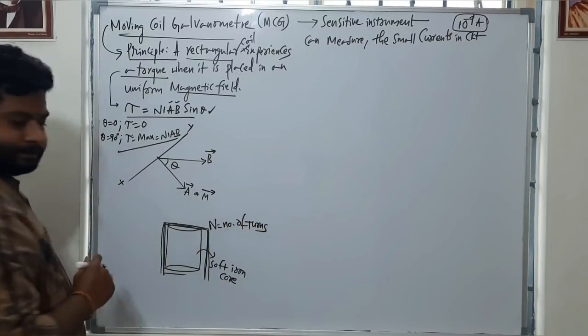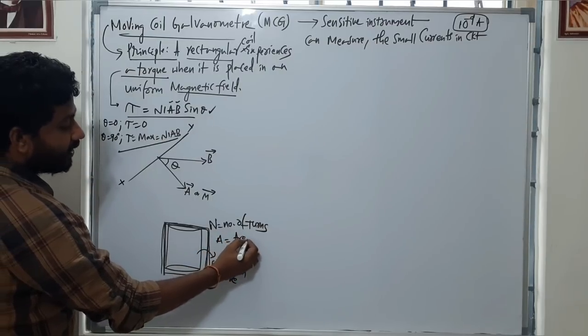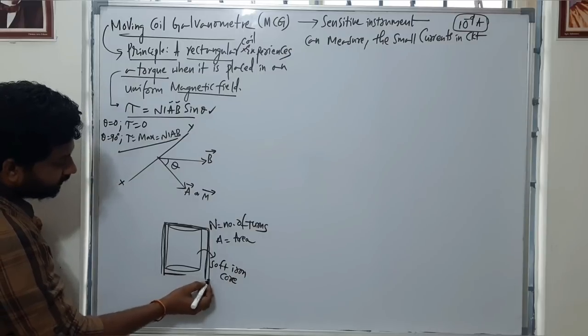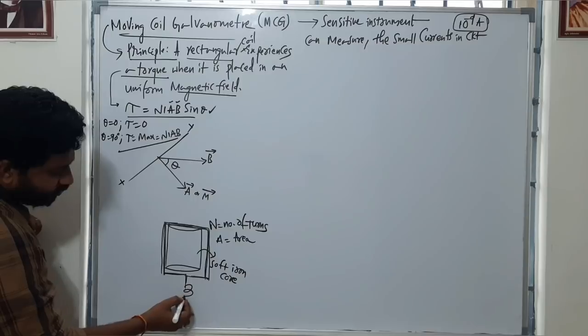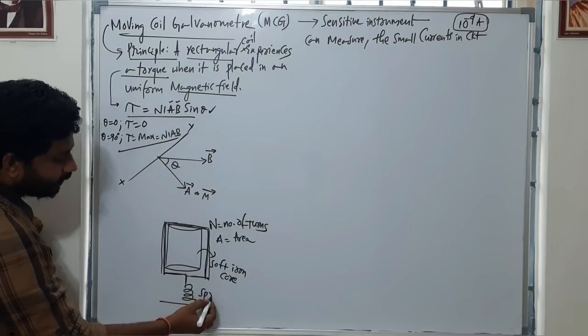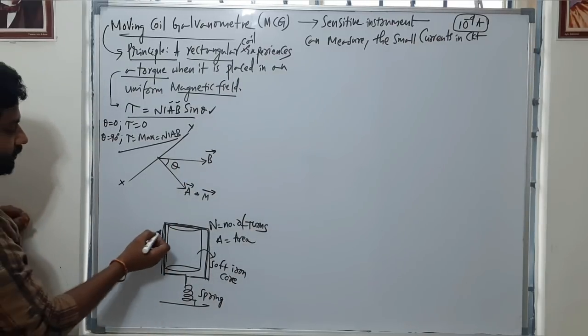And this coil is having area A. Now you can see here, one end of the coil is connected to a spring. It's so simple.